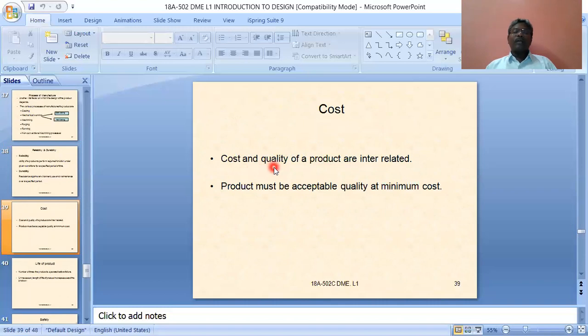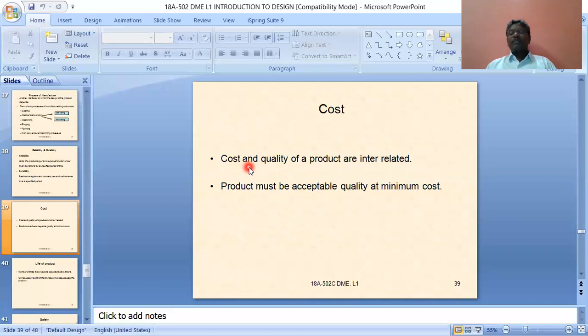Some customers require good quality with low cost, whereas the manufacturer wants to produce low quality, high cost. Where the customer needs high quality, low cost, the manufacturer needs low quality, but it should be optimum.